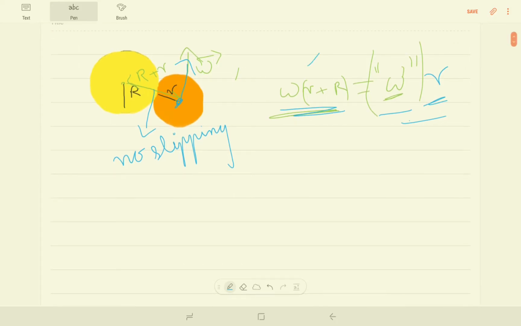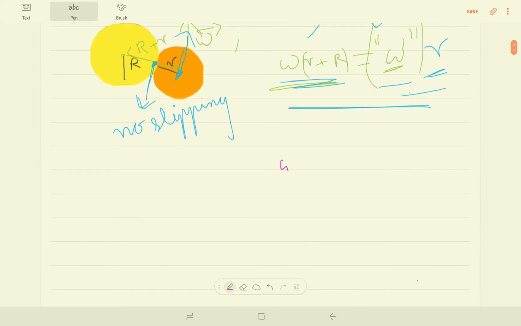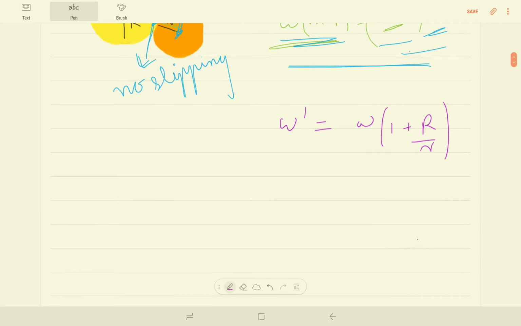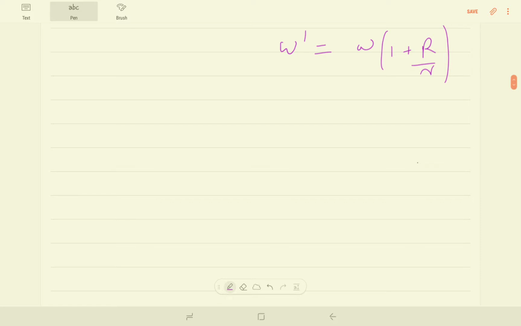So if they turn out to be equal, they will cancel each other, and the velocity at this point will be 0 for the rim particles. And that is exactly what I have intended through this equation. Doing so, we get omega dash as omega times 1 plus R by r. I guess you can see what I will do next.